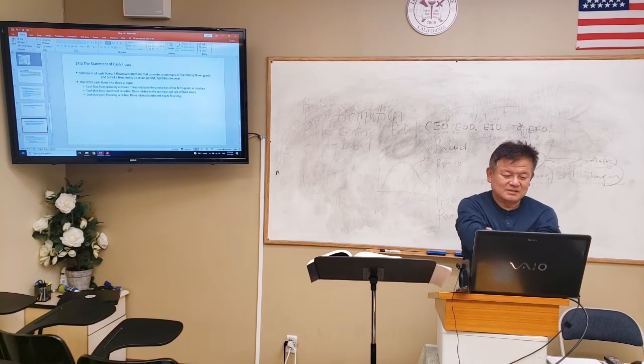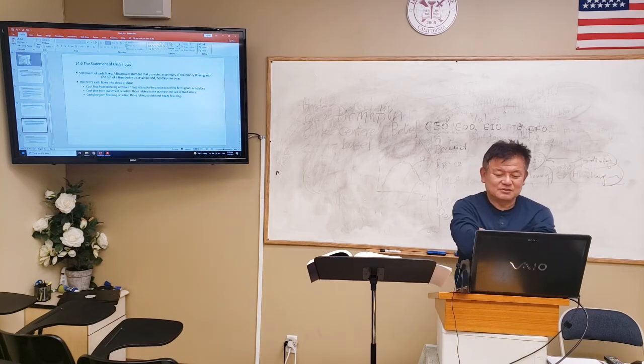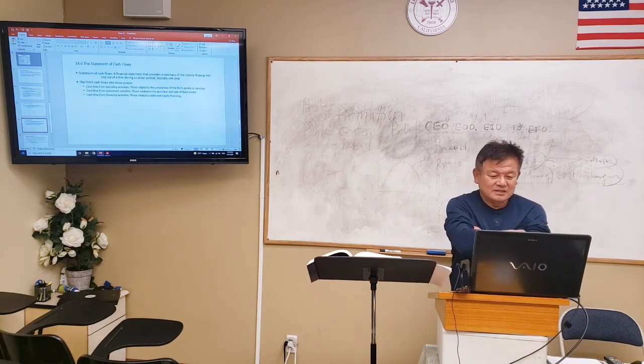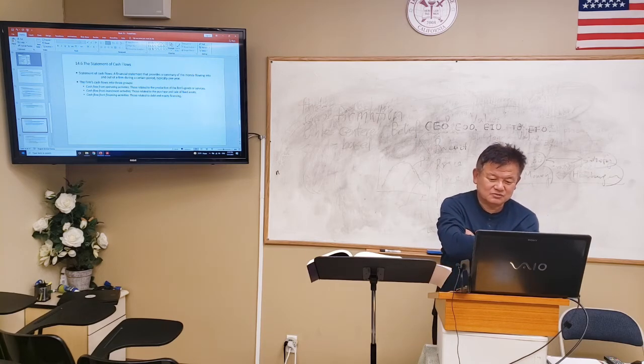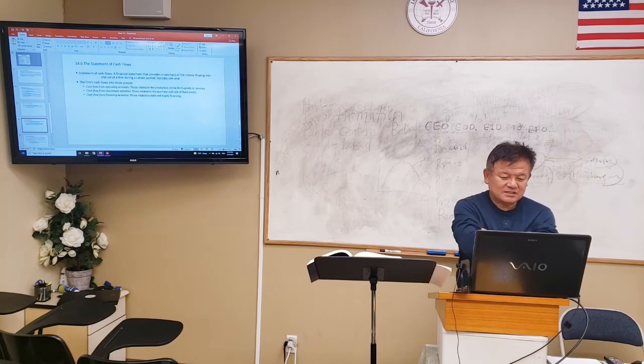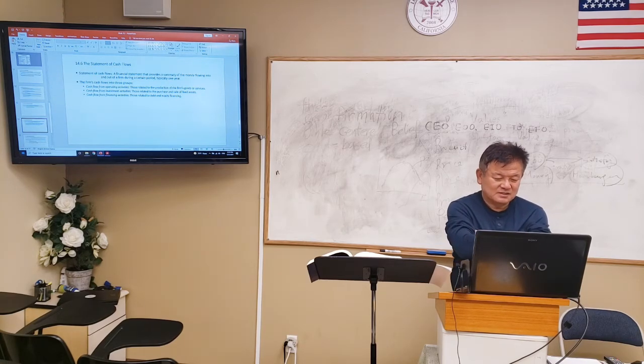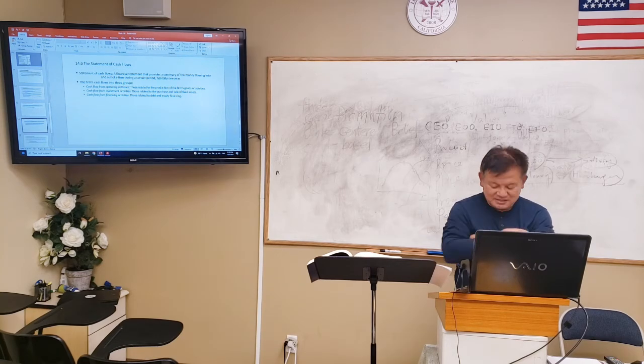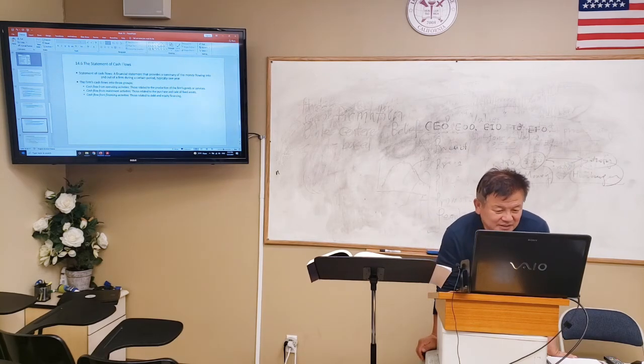So the statement of cash flow shows a summary of money flowing in the firm's cash flow in three groups: cash flow from operating activities, cash flow from investing activities, and cash flow from financing activities. There are three kinds of things. The firm's cash flow consists of these three groups.